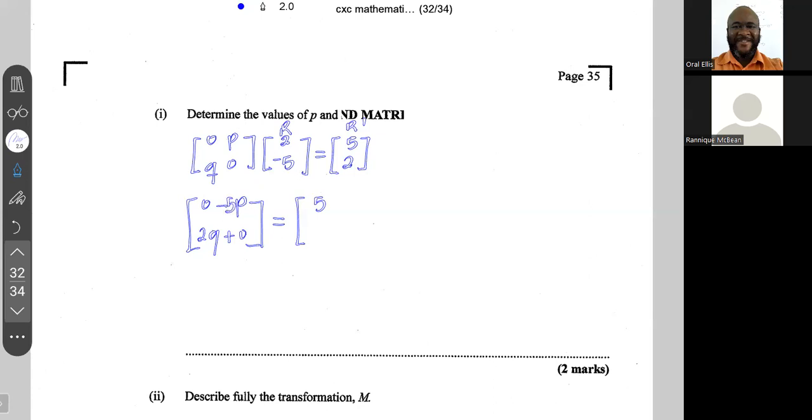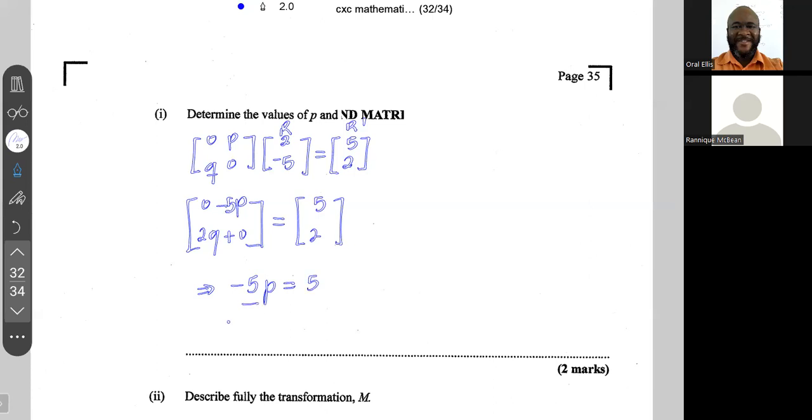All right, 0 times 2 is 0. Minus p times minus 5 is minus 5p. I knew something was wrong. q times 2 is 2q. 0 times 5 is 0, and this is equal to 2. So therefore, minus 5 times p is equal to 5.